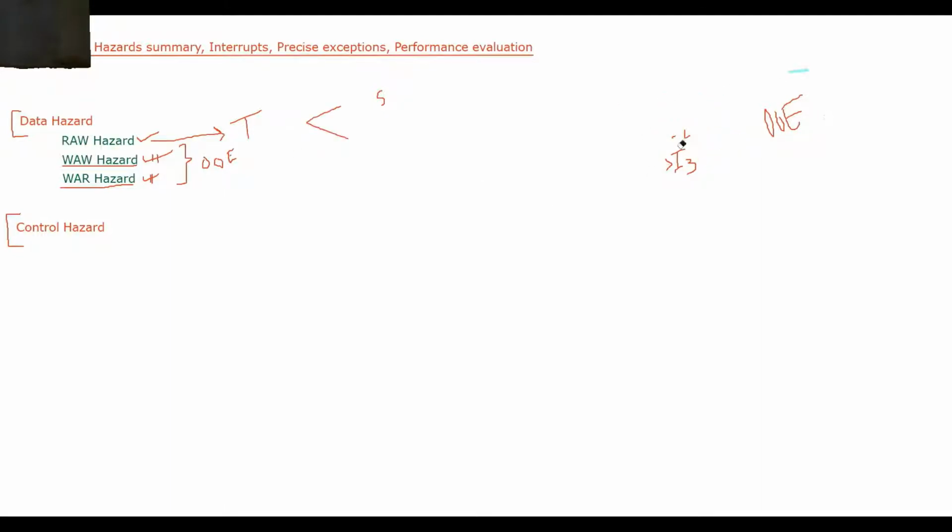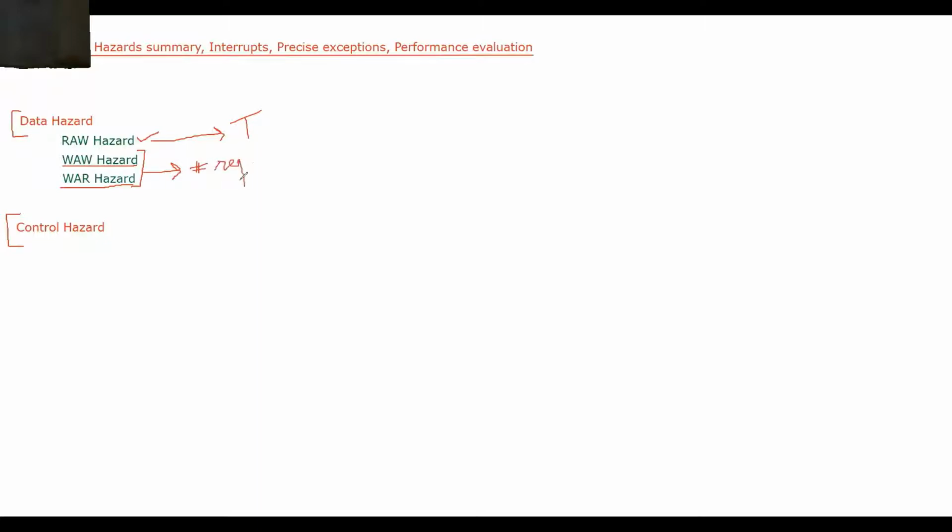Okay, now let's see about these two hazards, WAW hazard and WAR hazard. As I said, these two hazards are there only in case of out of order execution, and also because of a limited number of registers.